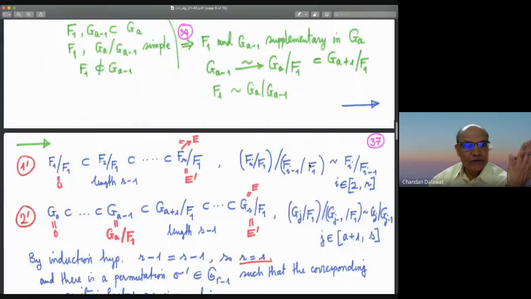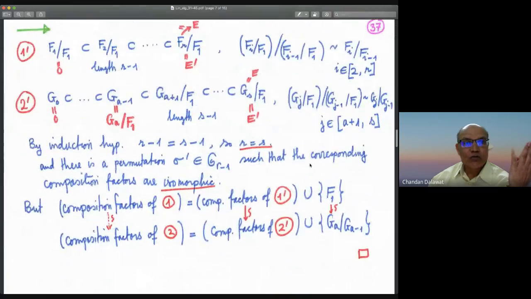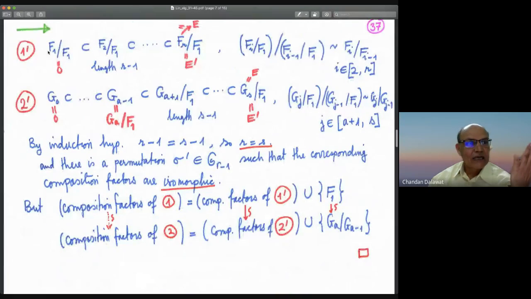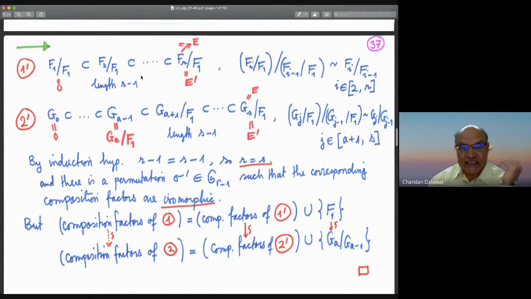Now, what I'm doing is, I had these two composition series, right? The F's and the G's. But from them, I'm going to construct two new composition series, but not for the module E, but for the module E prime, which is E modulo F1.